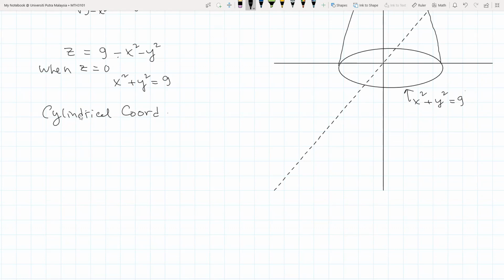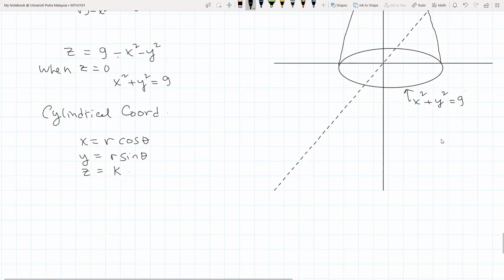I can say x equals r cosine theta, and then y equals r sine of theta, and then z equals just a constant. What constant? Maybe I can say k, because it's not related.